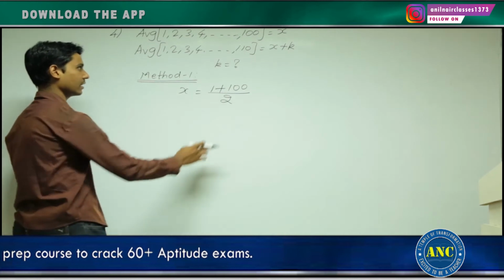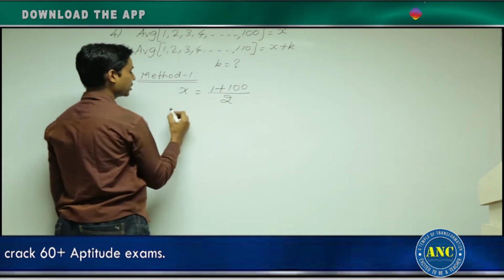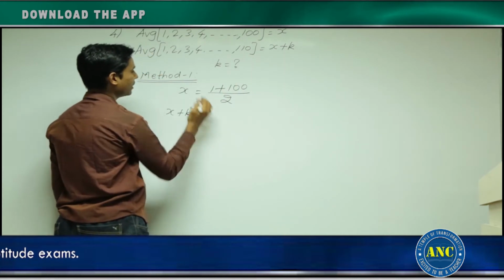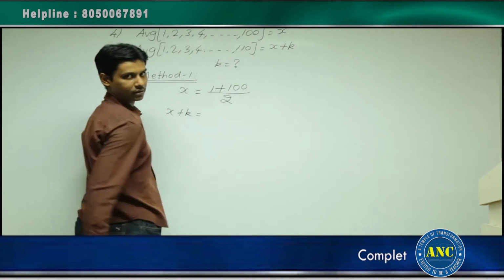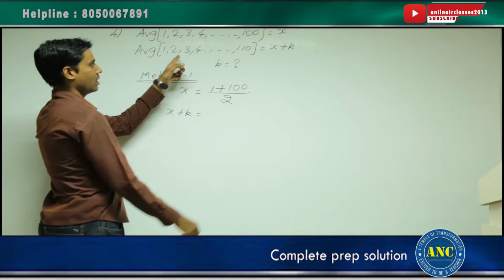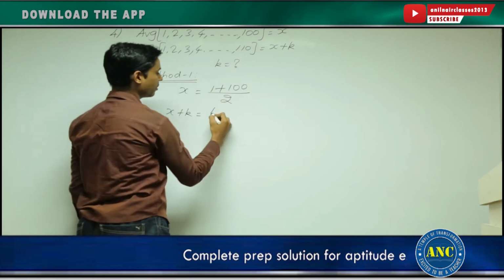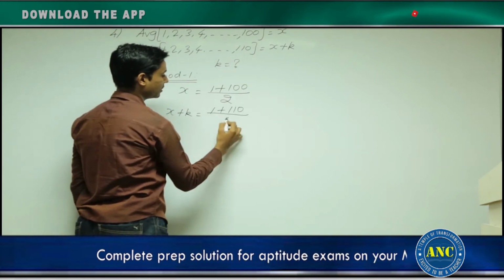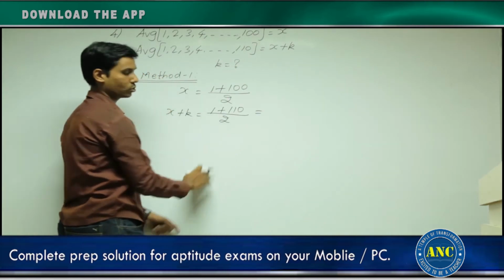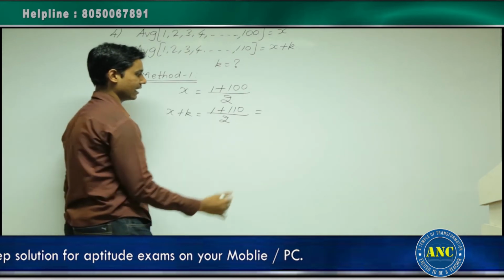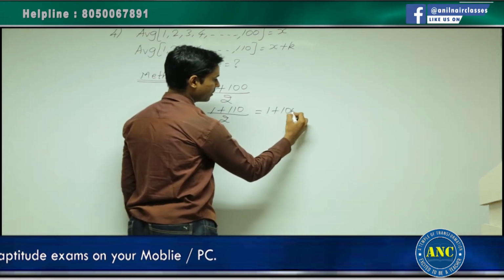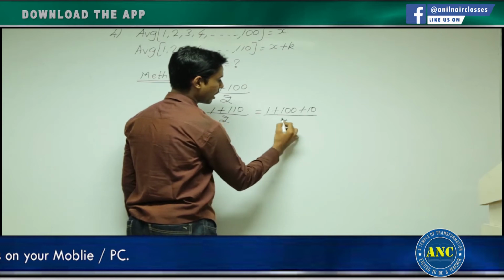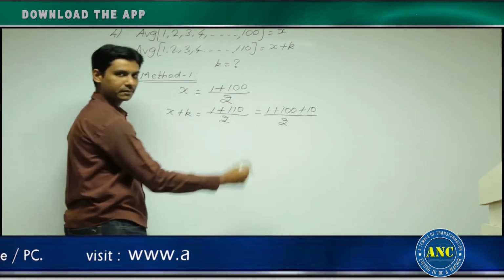Similarly, what is x plus k? x plus k is nothing but the average of the first 110 natural numbers. This is also in arithmetic progression. Average should be first term plus last term by 2, so it is (1 plus 110) by 2. Can I write this 1 plus 110 as 1 plus 100 plus 10, by 2? 100 plus 10 is nothing but 110 only, right?